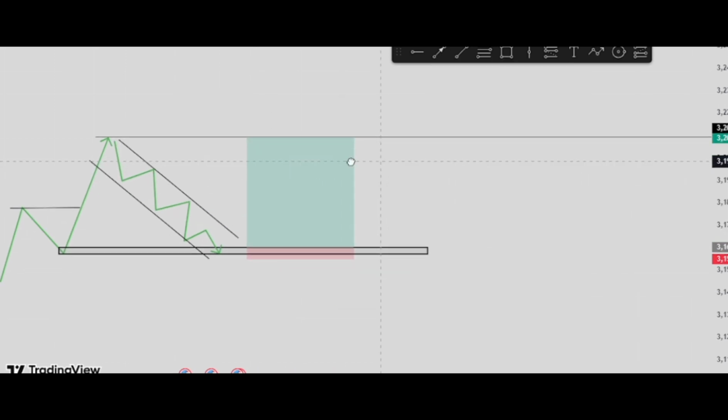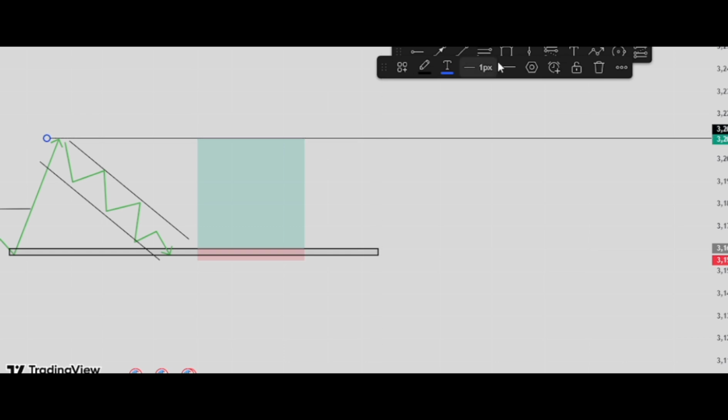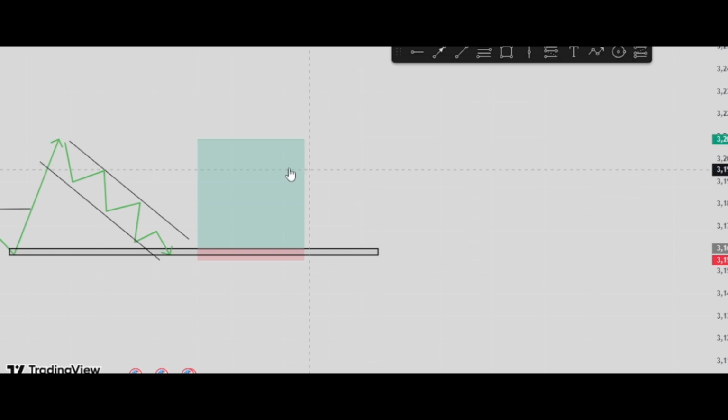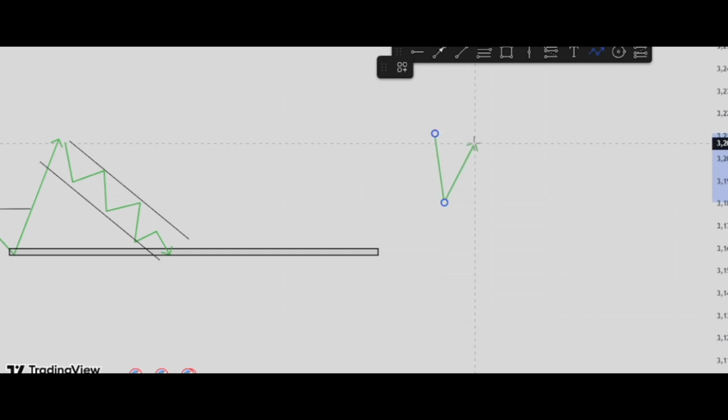Then the sell scenario is just the opposite of the buy scenario. I'm just trying to show you. Let's say the market prints a level like this, then it retraces, and then eventually it breaks this level.